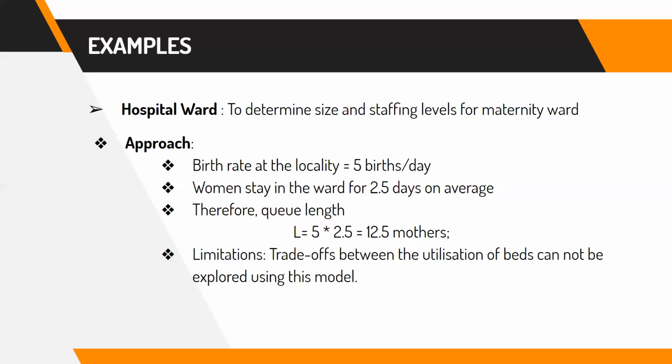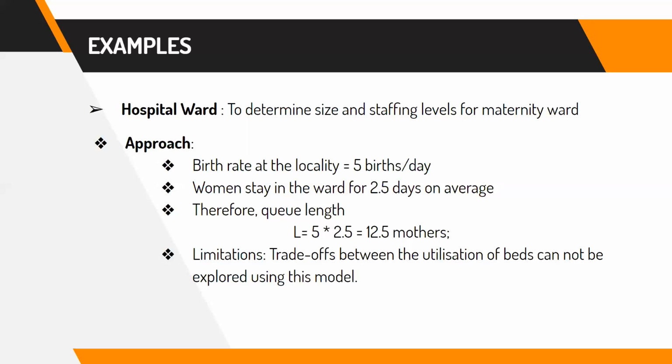However, the law here only provides the average requirements, and we would need to design a maternity ward to accommodate its peak requirements. For instance, we would certainly want more than 12.5 or 13 beds in order to handle the variability in the occupancy of the ward.